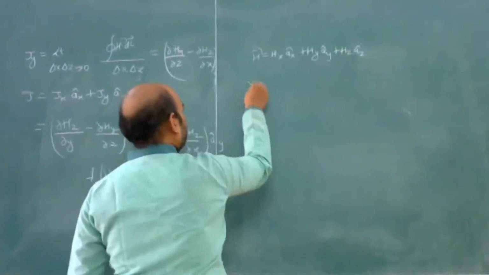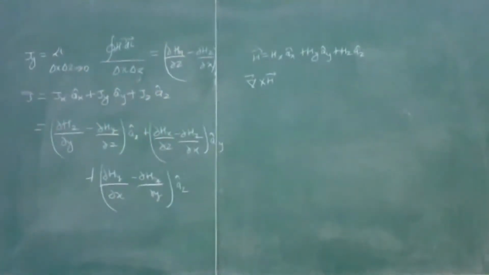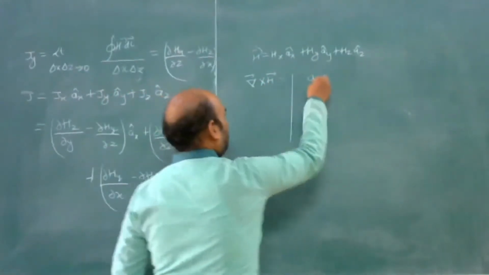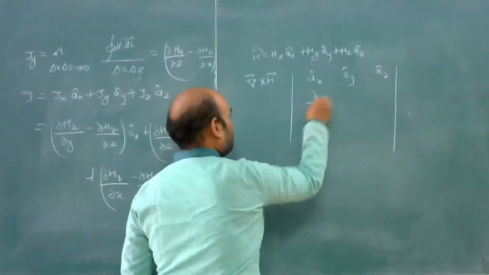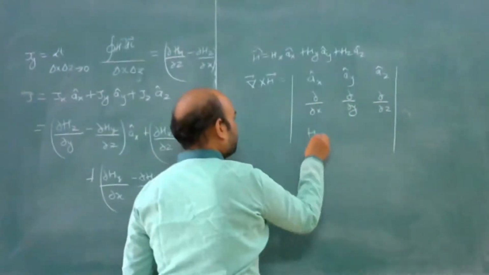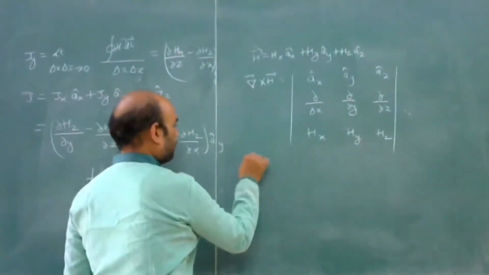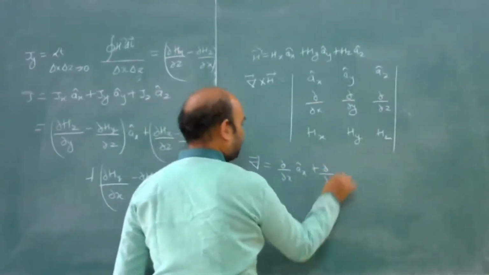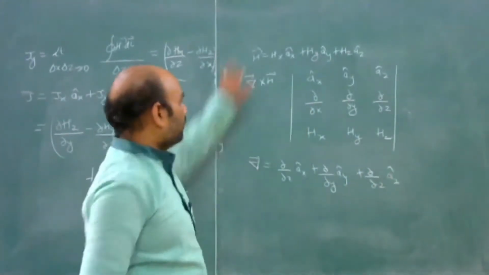So if you find the vector operator cross H, this is known as curl of H. It will be the determinant of Ax, Ay, Az; del by del x, del by del y, del by del z; Hx, Hy, Hz. Since the vector operator is equal to del by del x Ax plus del by del y Ay plus del by del z Az, and H is equal to this much.